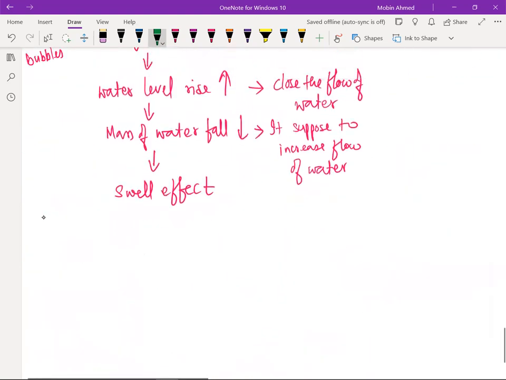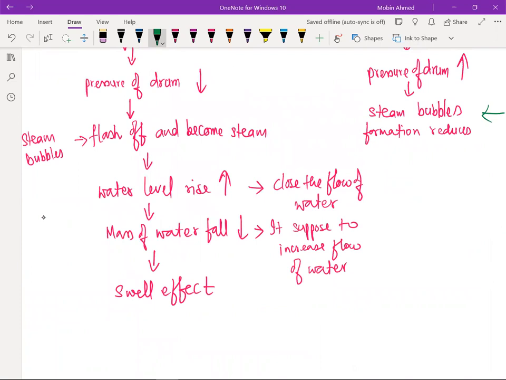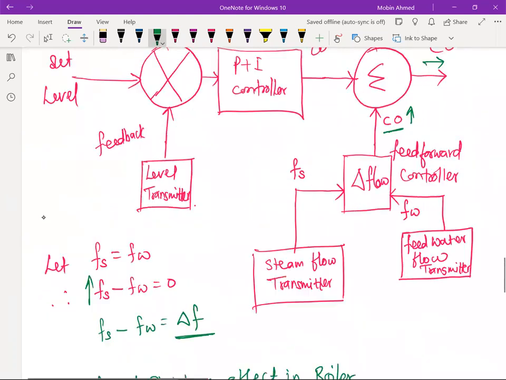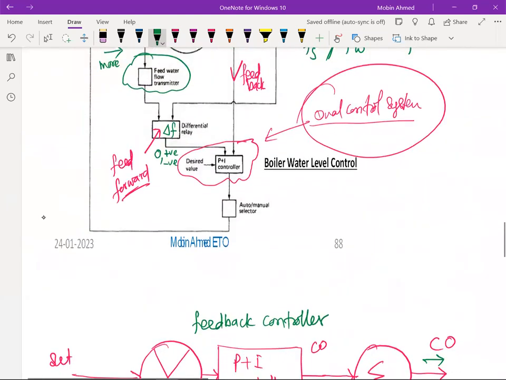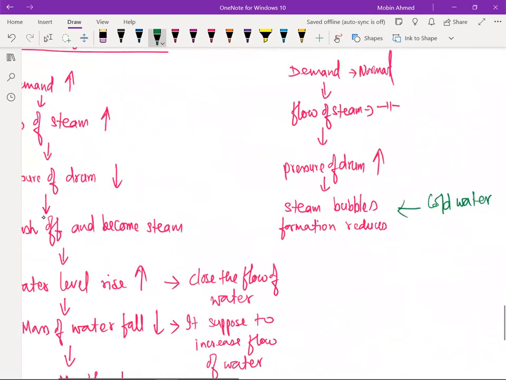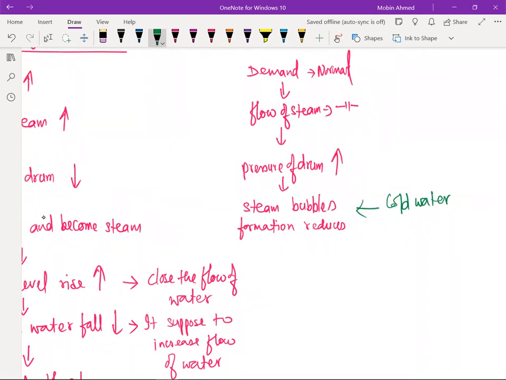We have seen in the swell effect, we have opened the flow of the water. The flow of the water has increased. Can you see here? There we have increased the flow of water. Due to that, and because the pressure is increasing, steam bubble formation will reduce.